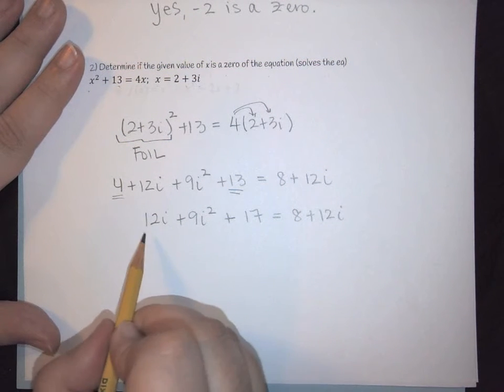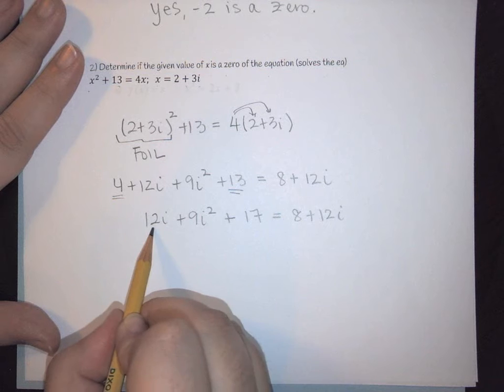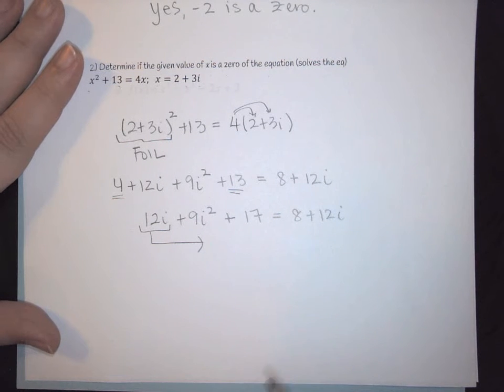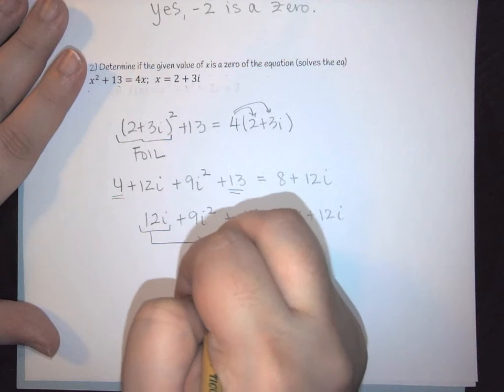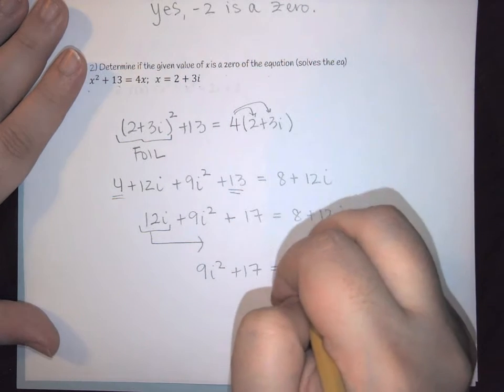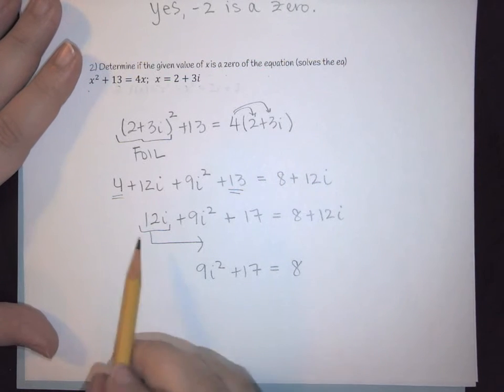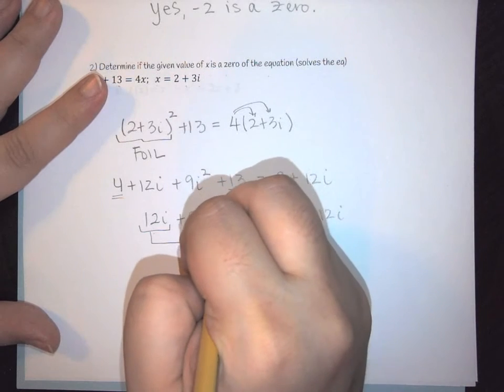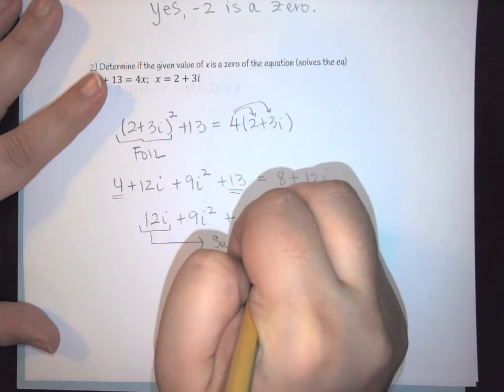Now with this, I can take my 12i and move it. If I move it across my equal sign, I have 9i squared plus my 17 is equal to 8. The reason for that is since my 12i is positive, to move it I have to subtract.